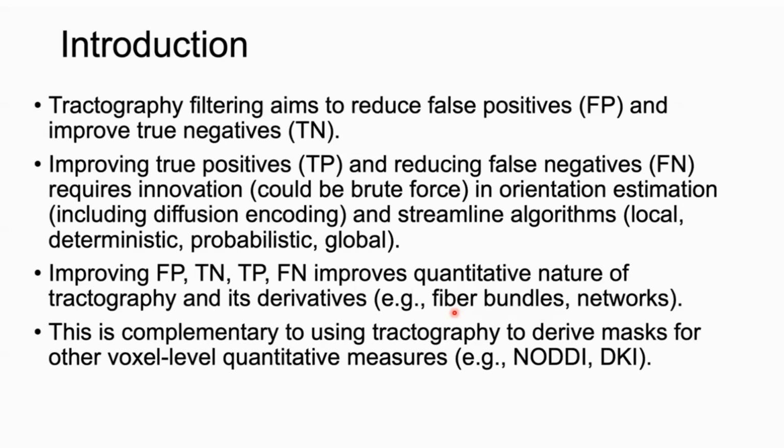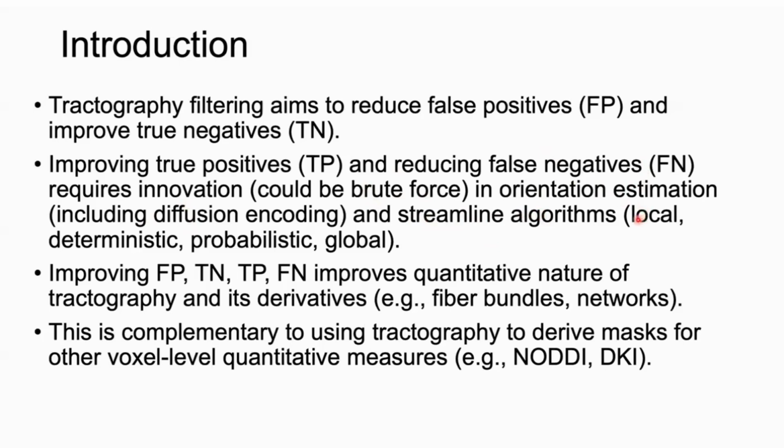Just to contrast that with other advances needed in tractography, like improving true positives and false negatives, that's a different and quite complementary effort. Tractography filtering does not address this part. You might still miss things, and you need either a lot of brute force computation, better orientation estimation, including novel diffusion encoding, for example multi-dimensional diffusion encoding, and better streamline algorithms.